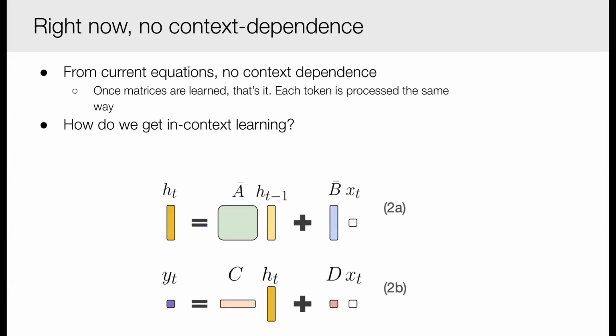So right now, from S5 in our previous lecture, there was no context dependence. Once you have your parameters A, B, C, and D, they're set in stone, and they don't really change based on your input. So the main difference between S5 from before and Mamba is that now A, B, C, and D are parameters that change based on input or change based on time.